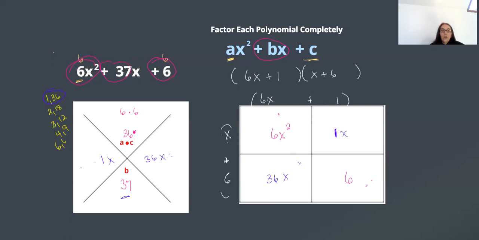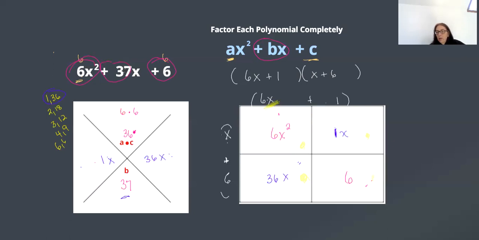Let's take a quick look at our little box again. It doesn't matter what direction you go in. You can factor the greatest common factor out in either direction. So when I look at this box right here and this box right here, when I look up here, I can factor out a 6 out of 6 and 36, and I can take an x out. That's where the 6x comes in. When I look at these two, what can I factor out of them?